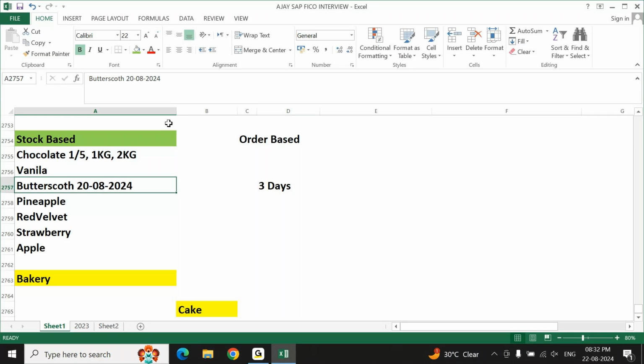Yes or no? Yes, sir. If I'm not going to sell it, am I going to throw it, or I'm going to cut and sell it as a pastry? Cut and sell it also. Right? I'll cut the butterscotch cake into 6 pieces. I will tell per piece 40 rupees, per piece 50 rupees.